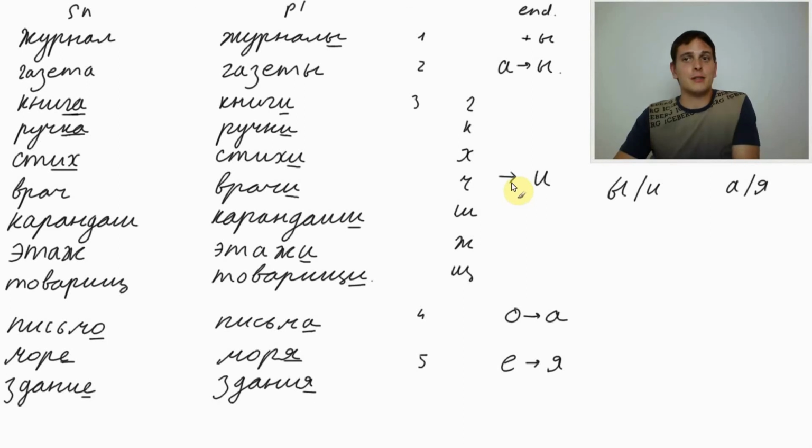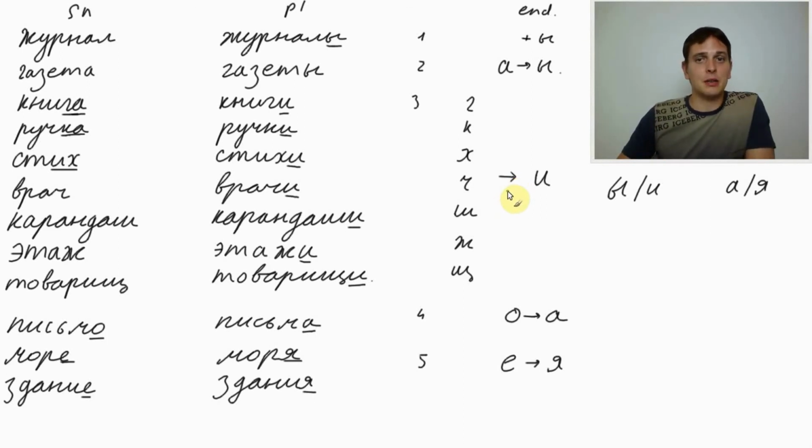If it were a different letter, it's not a problem, we can write it. But between Ы and И, we need to decide for И. And the fourth one, changing the ending from О to А and from Е to Я. And this would cover the general part of building a plural of nouns. However, after this, we will learn groups of words and some smaller rules, which will help you to understand plurals and singular in the Russian language.